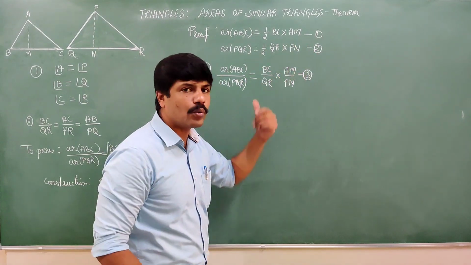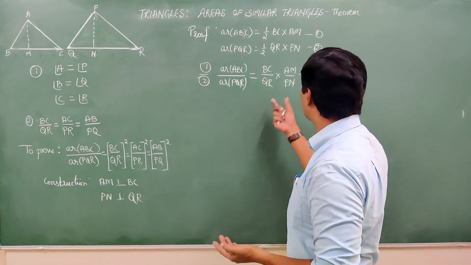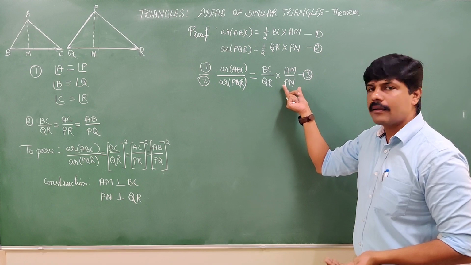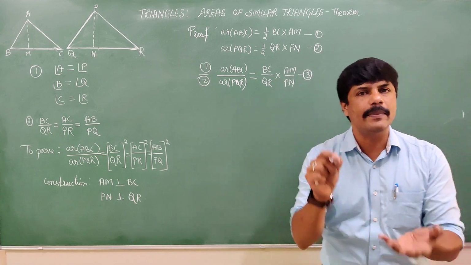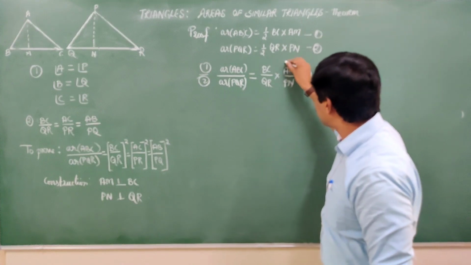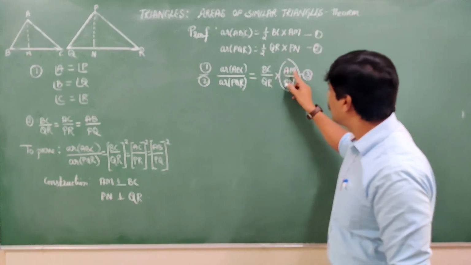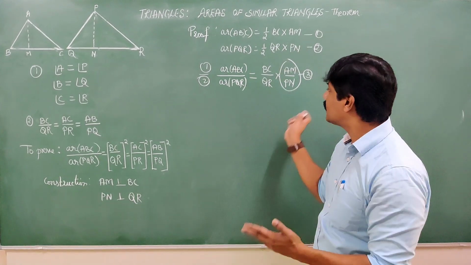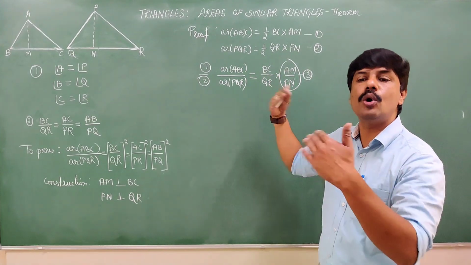So our whole thing is to equate AM by PN is equal to BC by QR. Now our second step is to change this AM by PN as BC by QR, so that we will get BC by QR whole square.